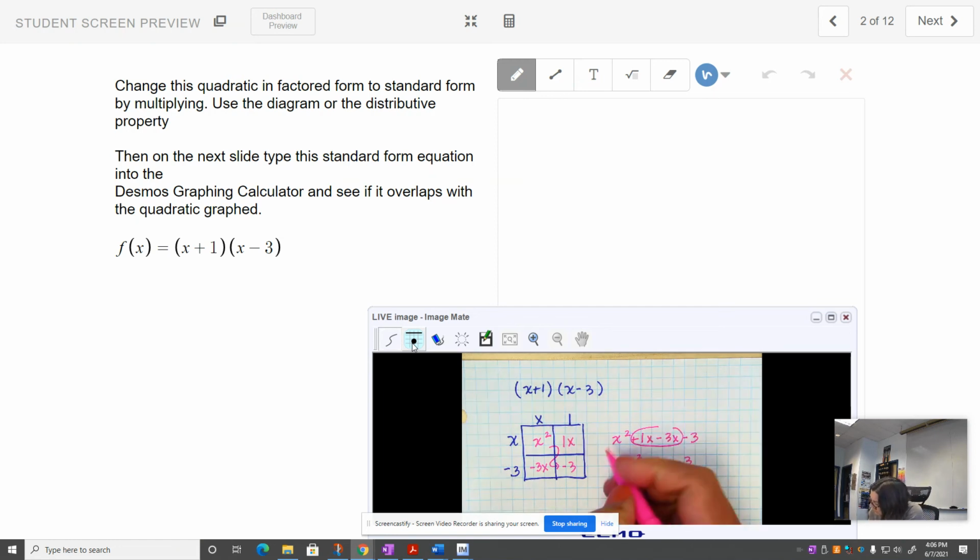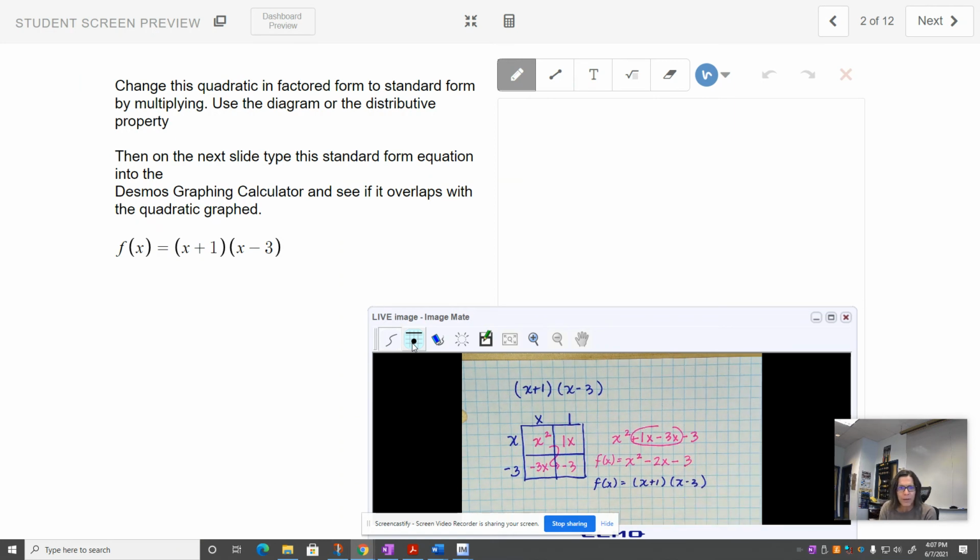We'll go ahead and write the f of x, so it's an equation. That is the standard form of the equation we were given, which is x plus 1 times x minus 3. Okay, so we believe these are equivalent forms. We did the multiplication, meaning it's just another way of saying, like, 15 is the same as saying 3 times 5. We believe these two things are equivalent.